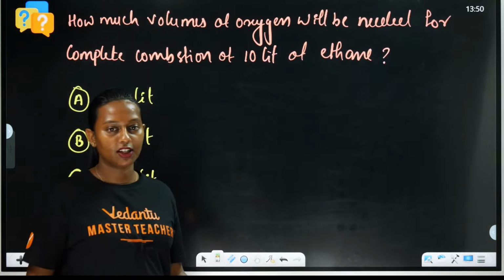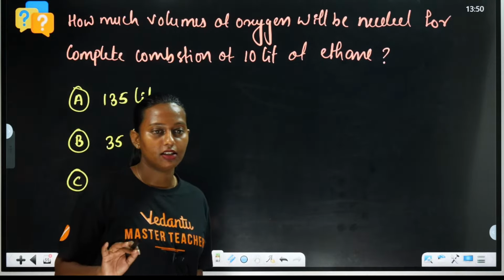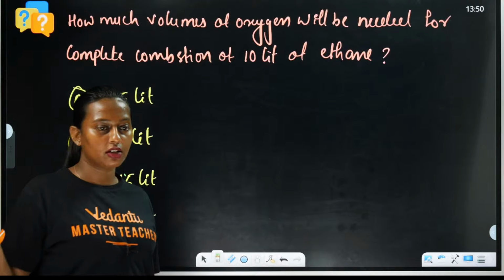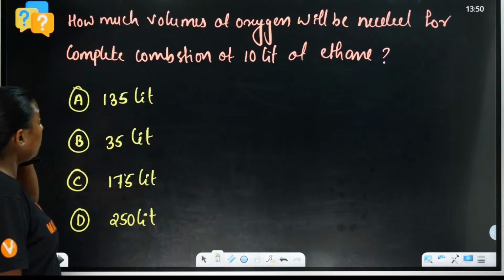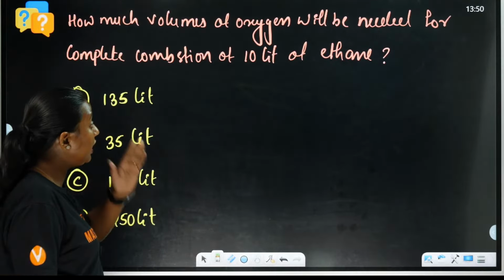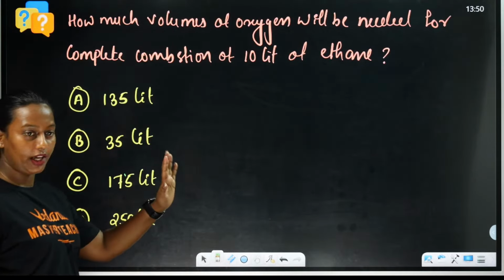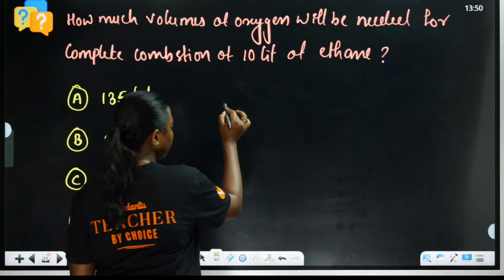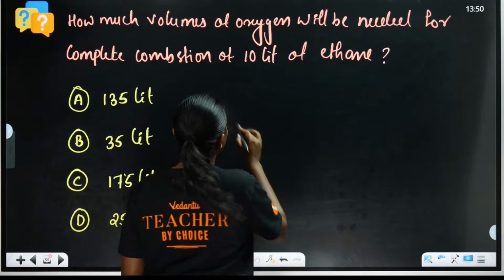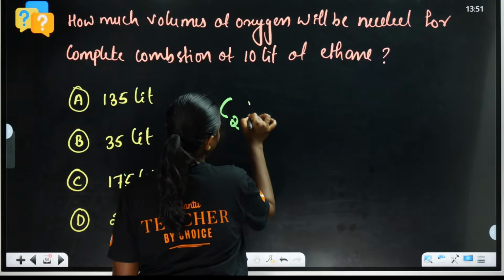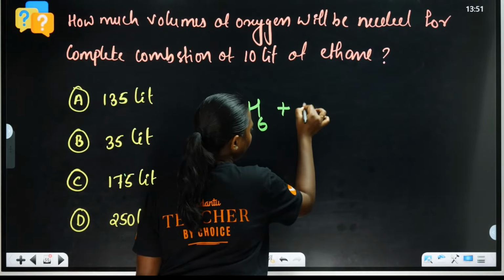No answer. Nobody knows the answer to this? Varshita, Hariprasad. So how much volume of oxygen will be needed for complete combustion of 10 liter of ethane? Okay, so we can consider ethane. This is ethane. C2H6 is reacting with oxygen.